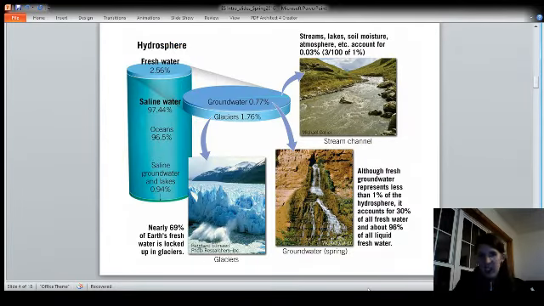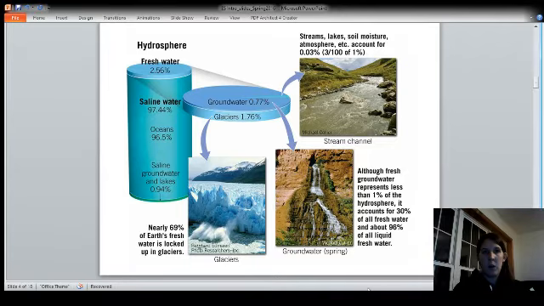So the hydrosphere, this just breaks it down a little bit for you to understand where water is found on Earth. If you look on the left-hand side, we have a column of water representing all the water on Earth. Fresh water makes up only 2.5% of all water on Earth.